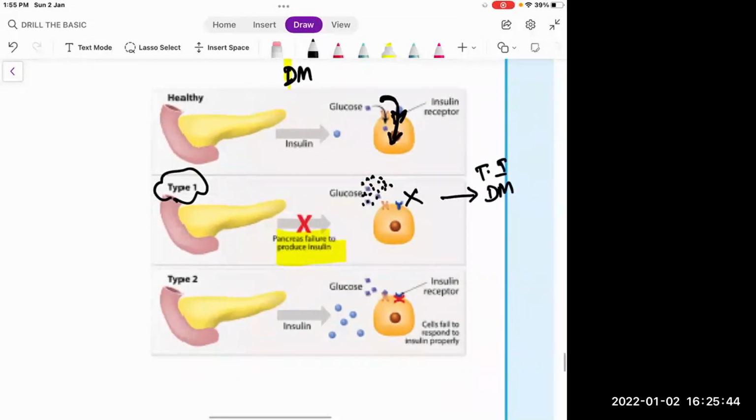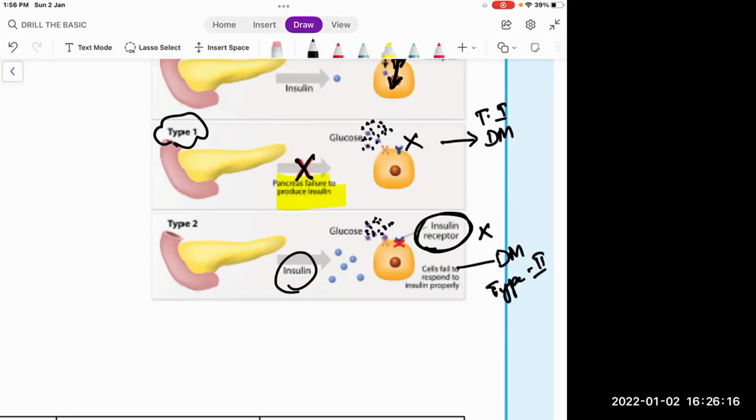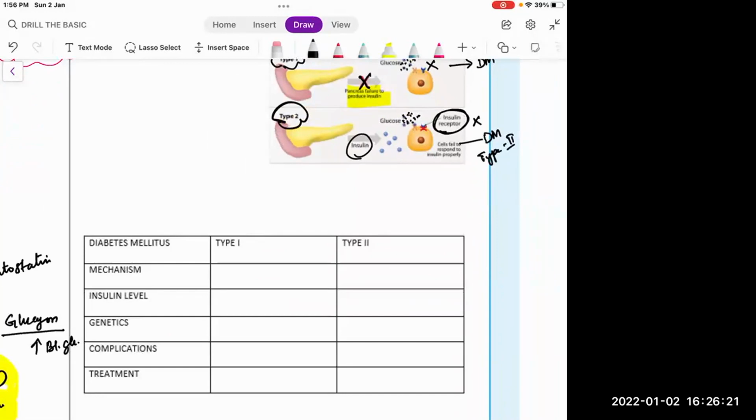So in type 1, there is failure of production of insulin, no insulin at all. Whereas in type 2, insulin is there, but the receptor responsible for receiving the insulin is not functioning. This also makes the glucose accumulate in the blood, leading to excess blood glucose, that is type 2.